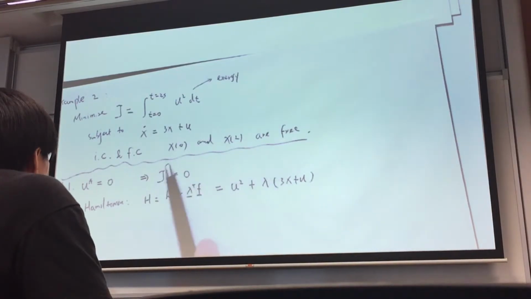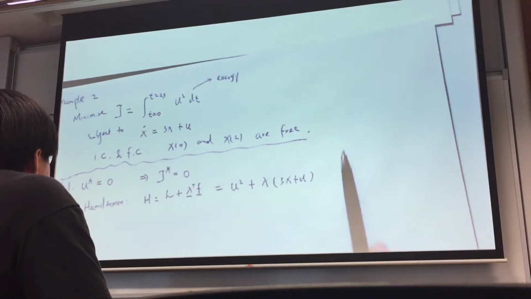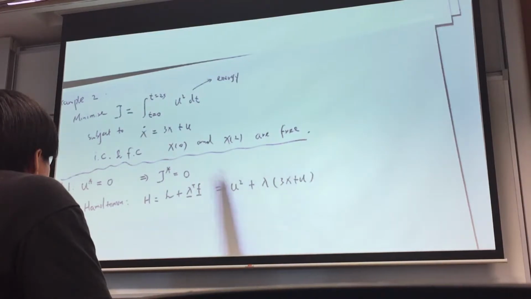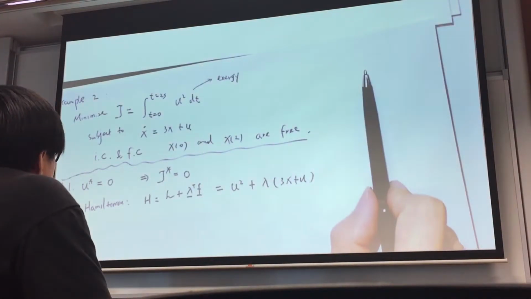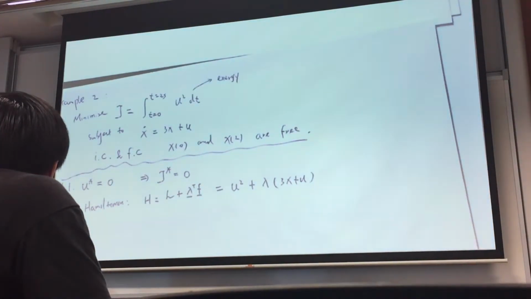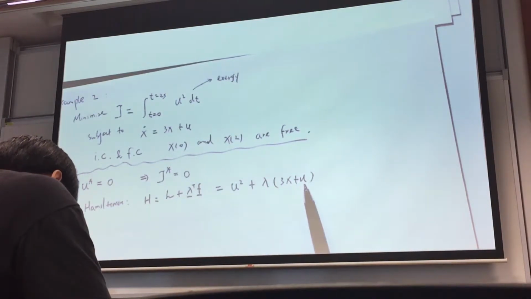Remember what we derived just now: we actually augment the cost function with this F minus x dot, but the x dot has been dealt with separately. So we just use this F here.